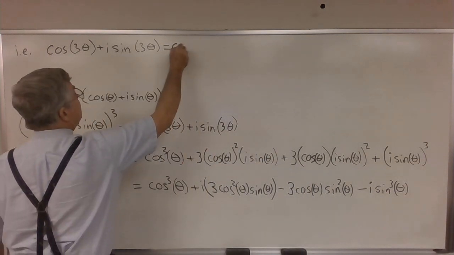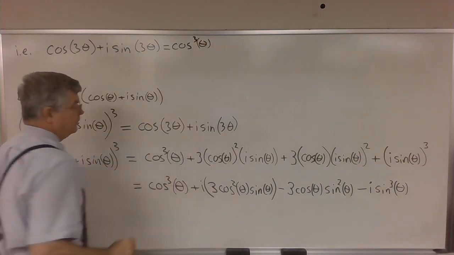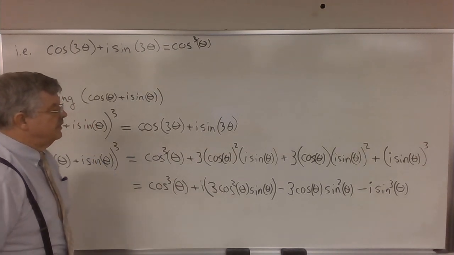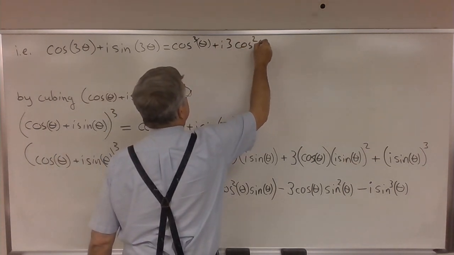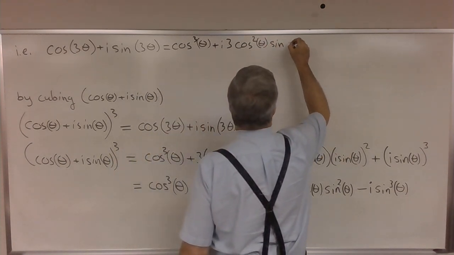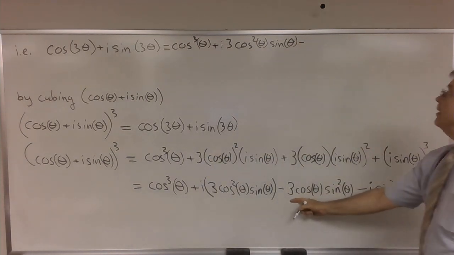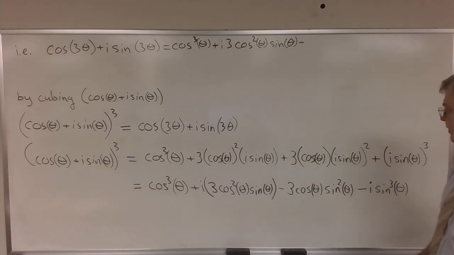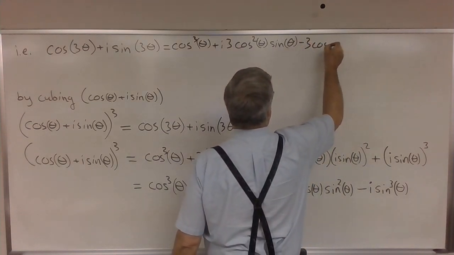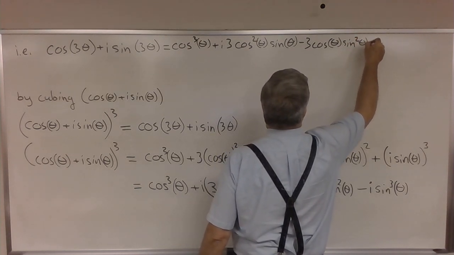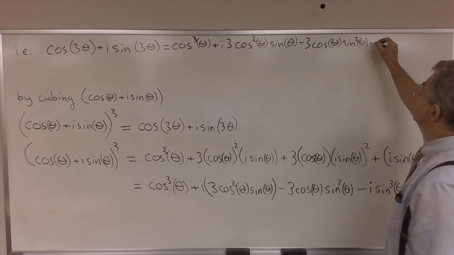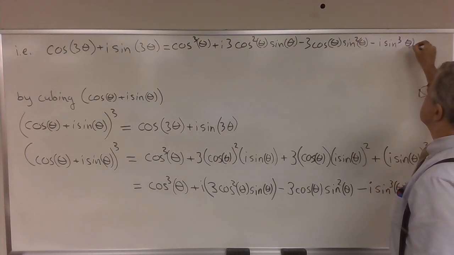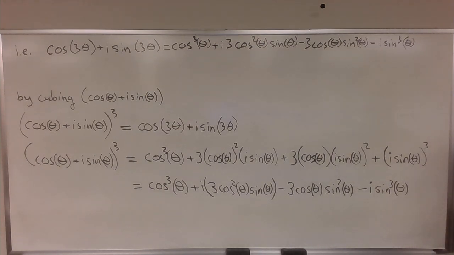So cosine cubed theta plus i 3 cosine squared theta sine theta minus 3 cosine theta sine squared theta minus i sine cubed theta.